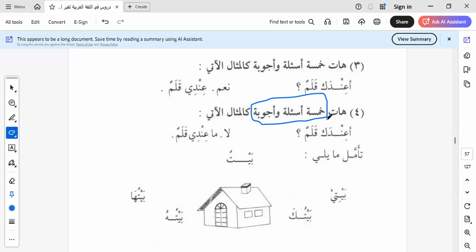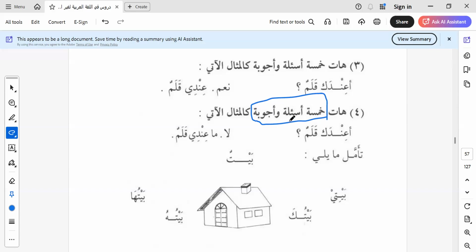So if you understand the concept of numbering from 3 to 10, how do you read this? Hati khamsata what? Khamsata as'ilatin wa ajwibatin. Sister Mutia, the question goes to you.